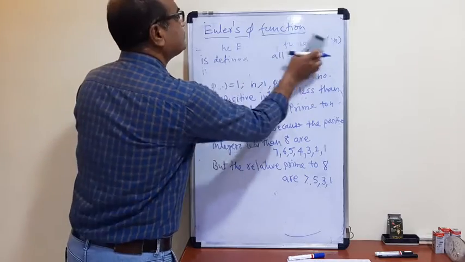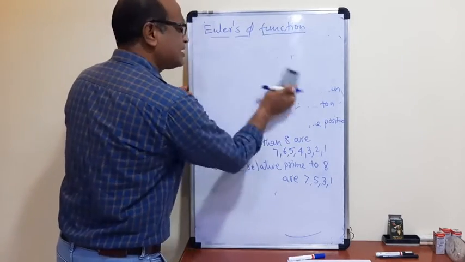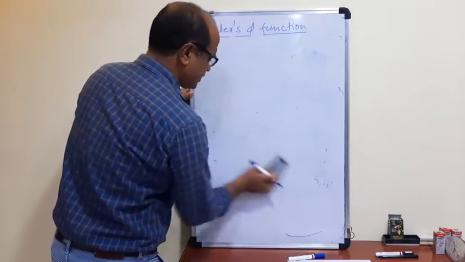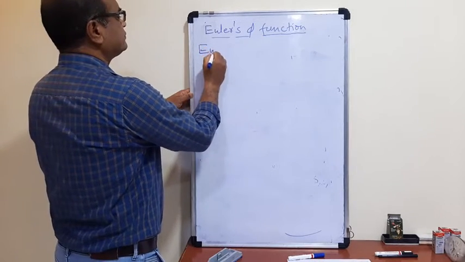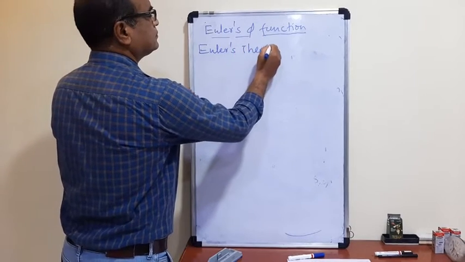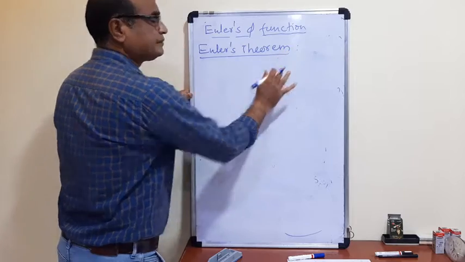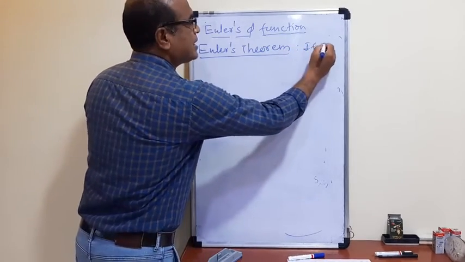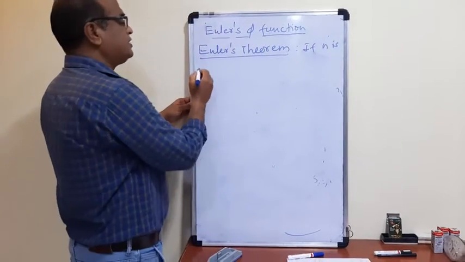So what are Euler's theorem and Fermat's theorem? Euler's theorem: you understand what phi of n is here. What is the theorem?